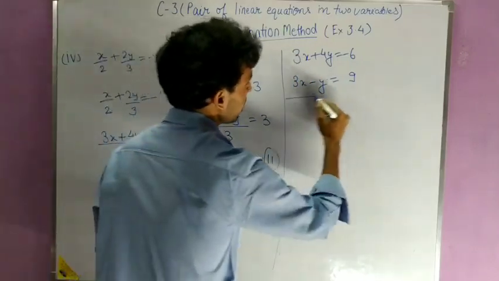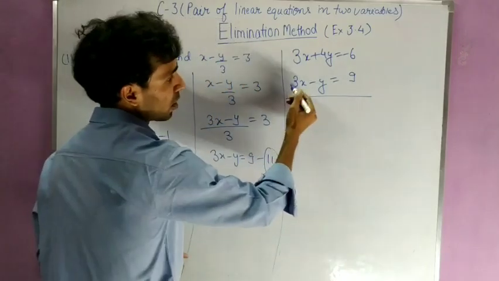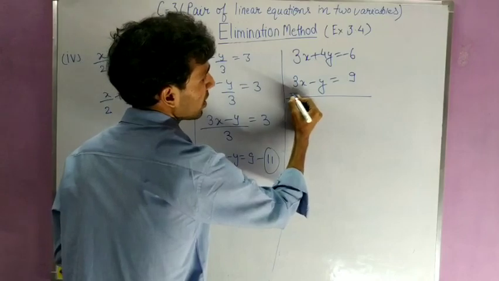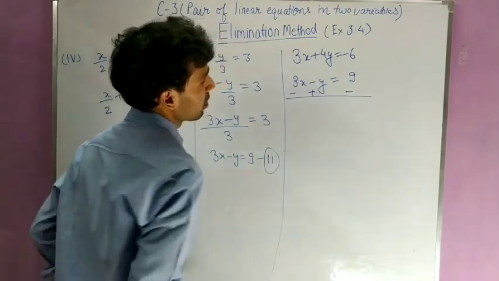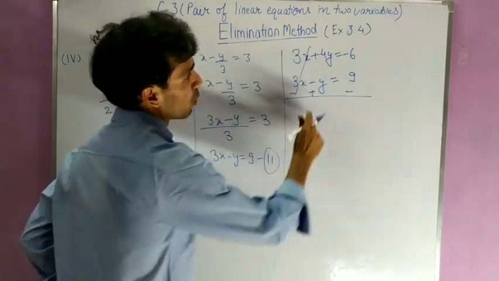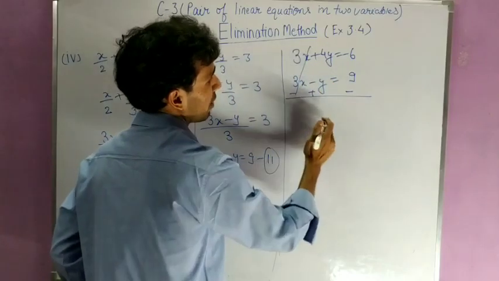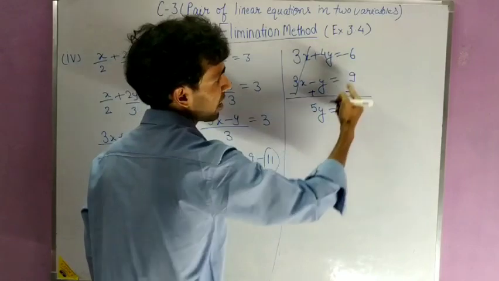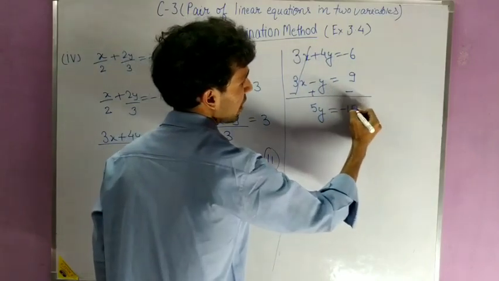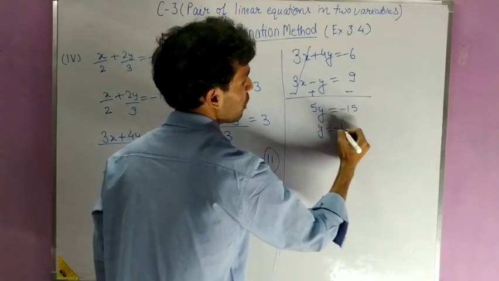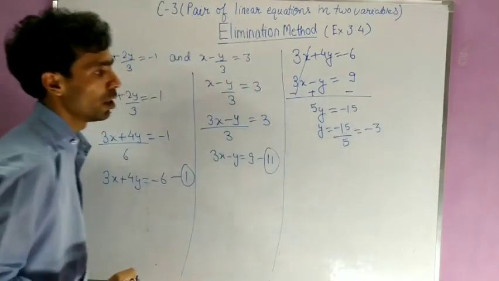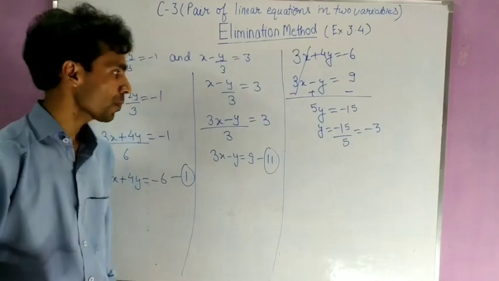So we will subtract it. When we subtract it, the second equation sign will be changed. So this will be minus, this will be plus, this will be minus. So this is cancelled. Now 4y plus y will be 5y equal to minus 6 and minus 9 will be minus 15. So y will be equal to minus 15 by 5. It means minus 3. So you got the value of y now.